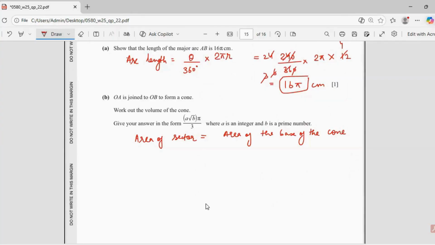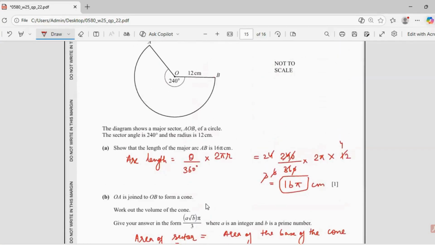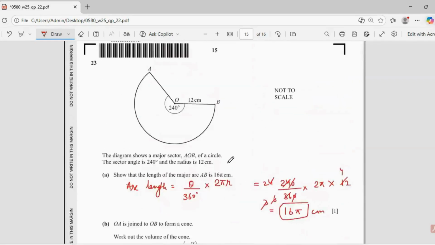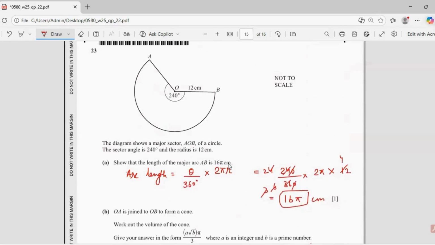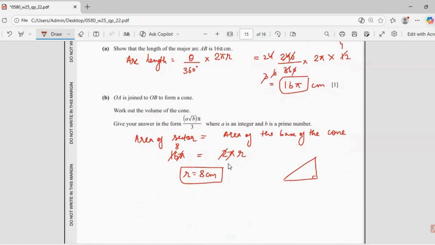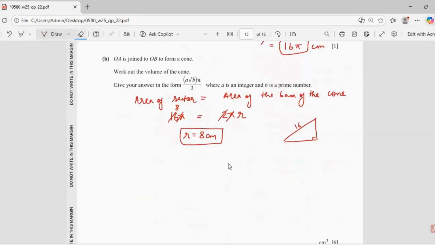This is 16 pi equals 2 pi r, which gives you r as 8 centimeters. So we got the value of r for the cone. To find the height, we also know that the radius of this circle, 12 centimeters, when it is formed as a cone, gives you the slant height, which is 12 centimeters.